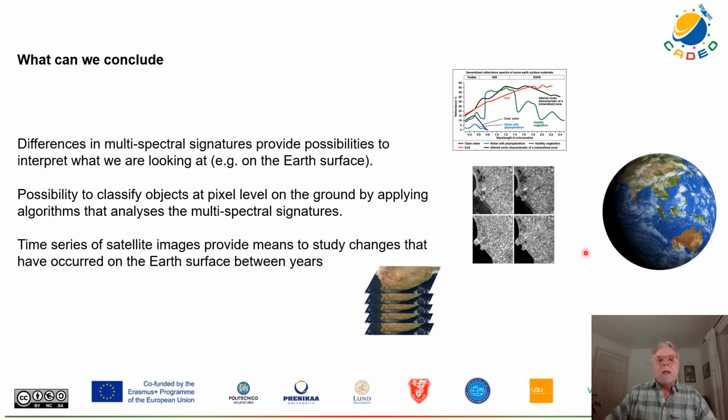If we have time series of satellite images, that provides a means to study changes. What has occurred between these 2 years? Maybe a pixel was classified as vegetation.